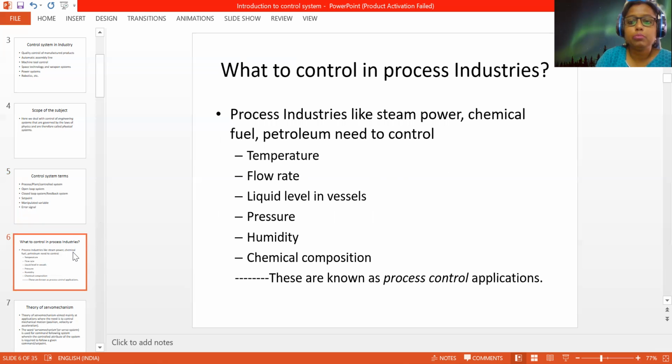Now, what to control in a process? I have already described this: temperature, flow rate, liquid levels in vessels, pressure, humidity, chemical composition. These all are to be controlled. So, in a process industry like steam power, chemical, fuel, petroleum, we need to control all these parameters, and these are known as process control applications.